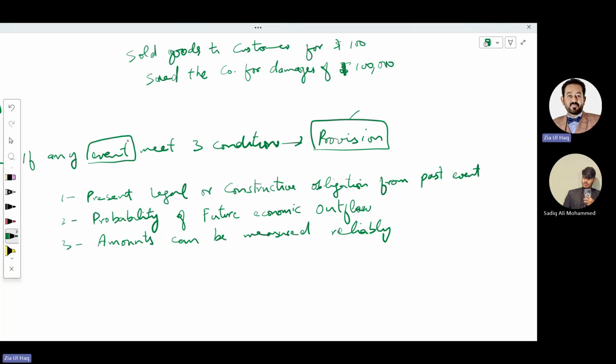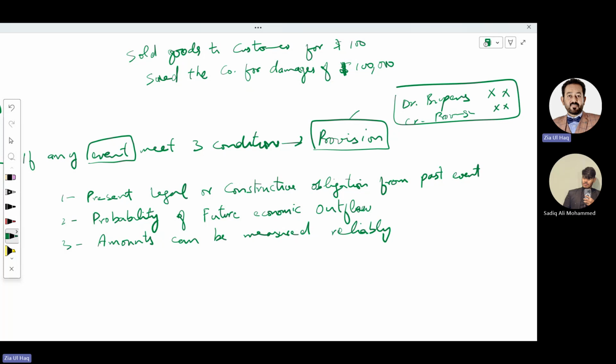This is an event or case against the company. If this event meets these three conditions, the company needs to record a provision, meaning debit expense and credit provision. For how much amount? Obviously 100,000.